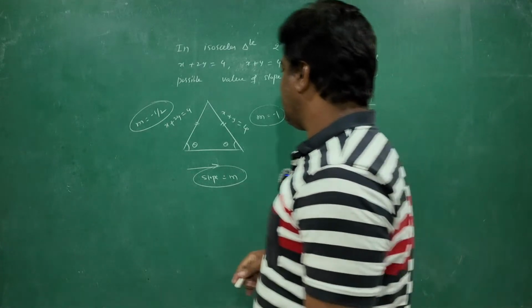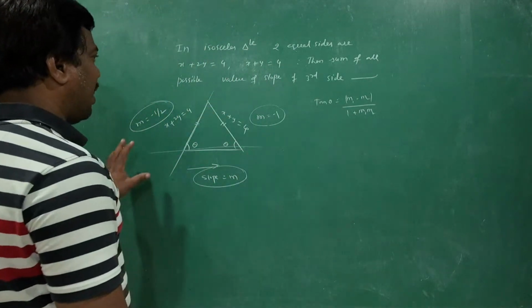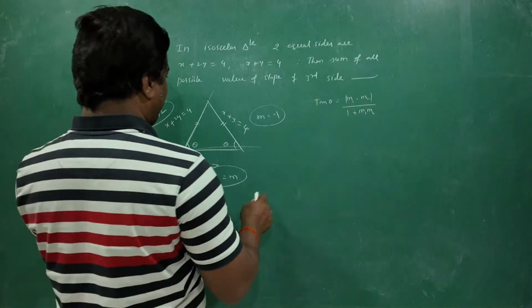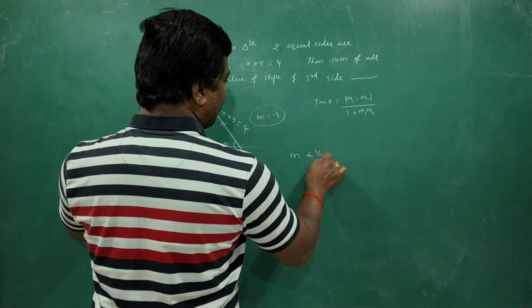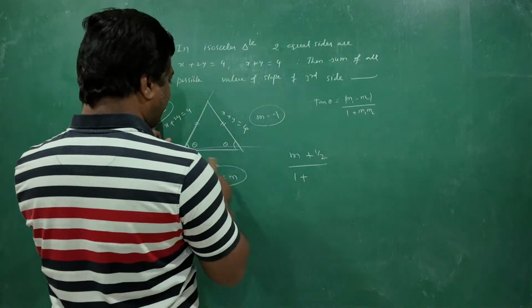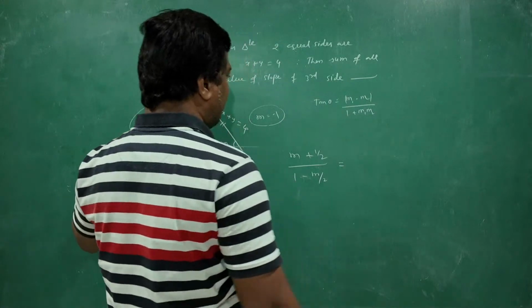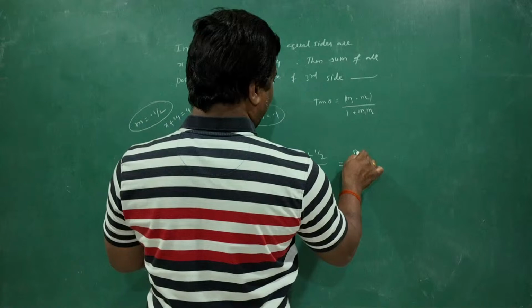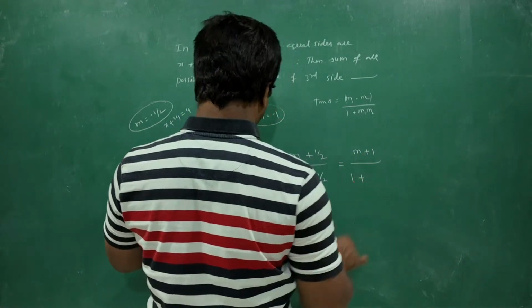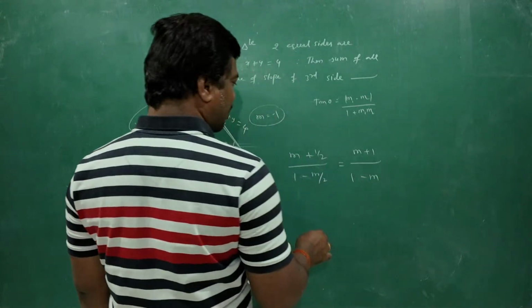From the first two lines I am going to write m1 minus m2 by 1 plus m1 m2, that is minus m divided by 2, equal to, using the other two lines, m1 minus m2 by 1 plus m1 into m2, minus m.